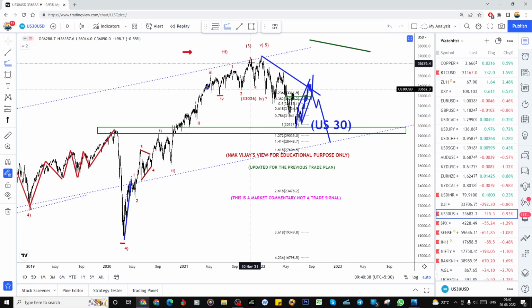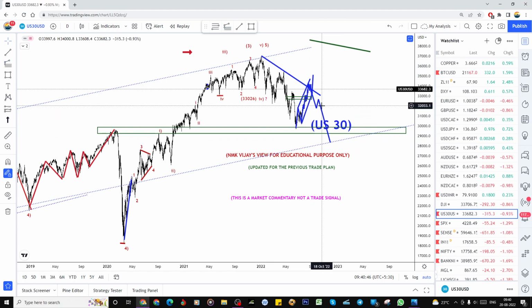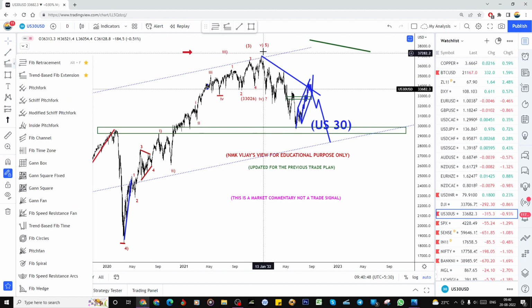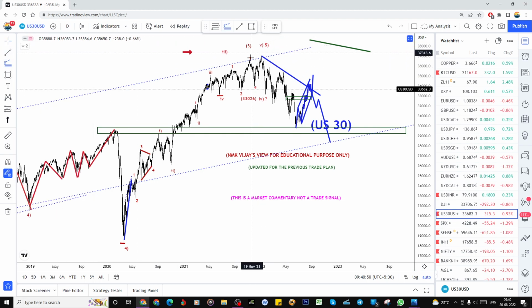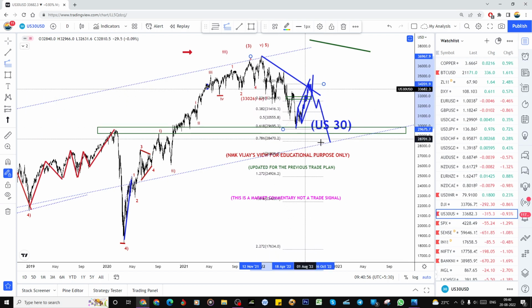So this wavelength here, exactly it may reach here. Once again I will just delete this. If you measure, one second, yeah, if we measure this, and if this is the end of that correction part, the 0.786 previous support zone, so we can expect 28,500 or 29,500 like that.